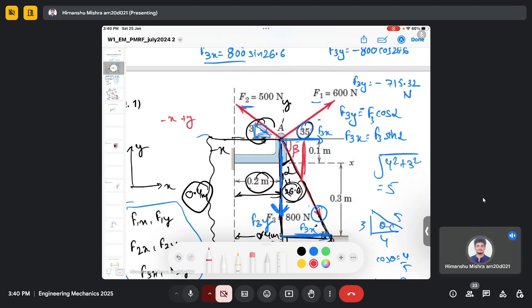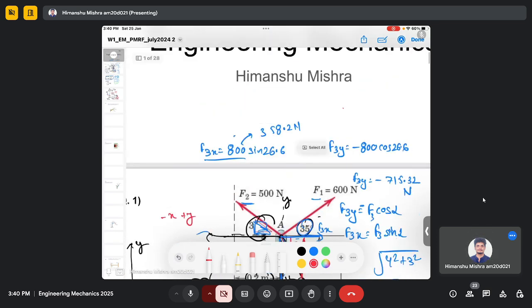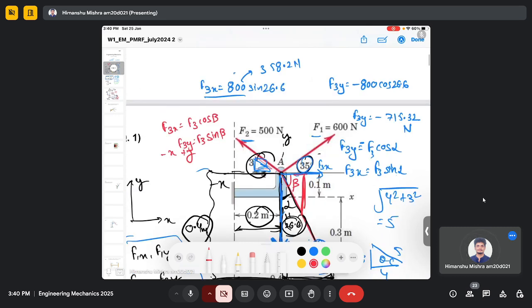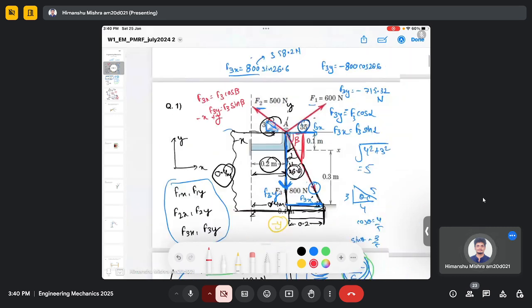So for the beta case, you are making an angle from the x-axis, so your f3x will be f3 cos beta, and your f3y will be f3 sin beta, right?